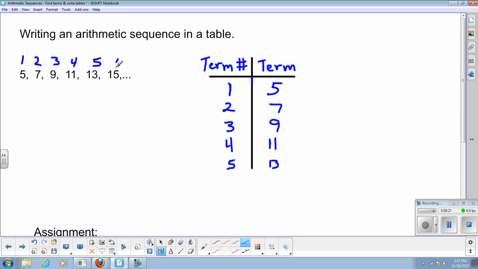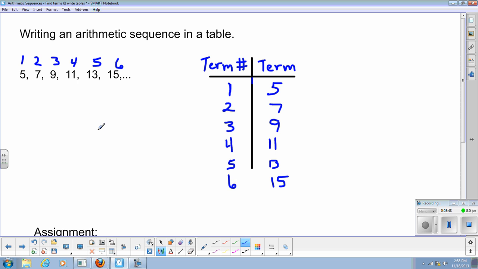Sixth term, 15. Okay, so not too hard. We make a t-table. We're going to say our term number goes in the left-hand column. A lot of times, when we're doing this type of sequence, we'll have term 1, term 2, term 3, term 4, term 5, term 6. And then our term itself goes in the right-hand column: 5, 7, 9, 11, 13, 15.